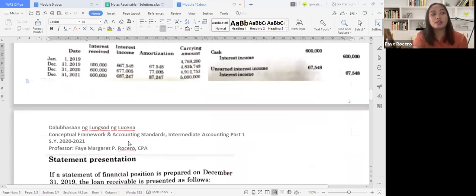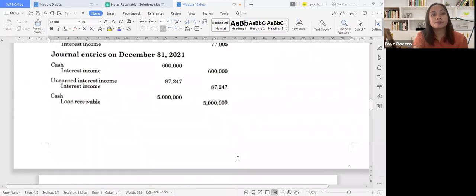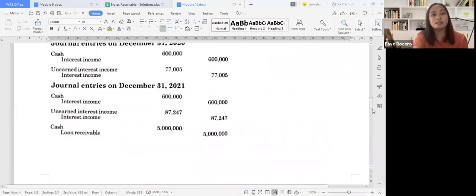in terms of the interest rate, no? Lagay natin.